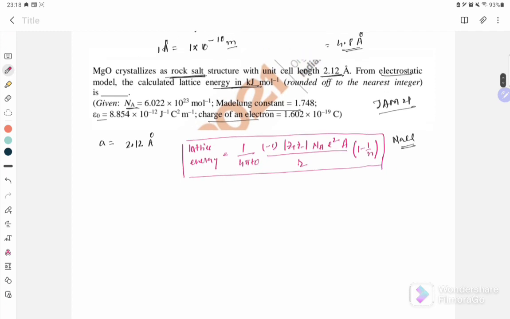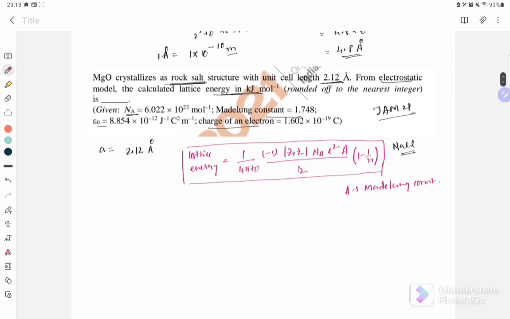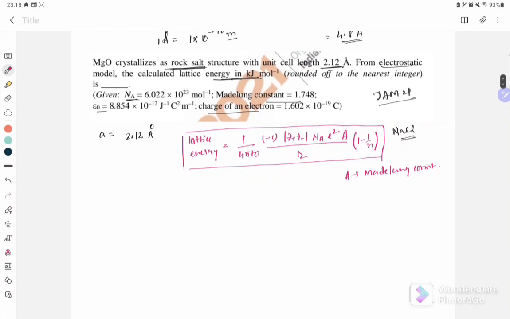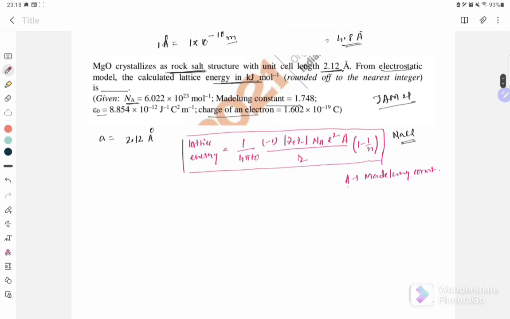So what is this? A is the Madelung constant. r is the distance between cation and anion, here Mg2 plus and O2 minus, and n is the Born exponent.